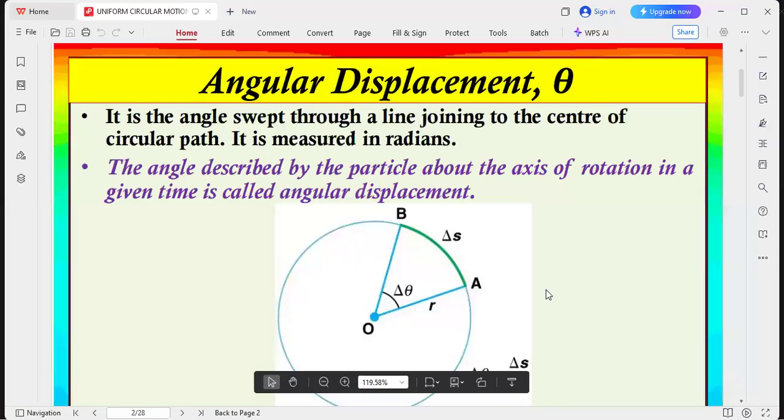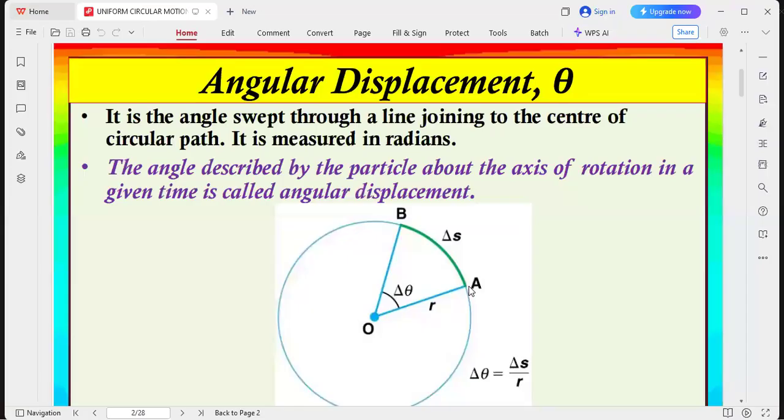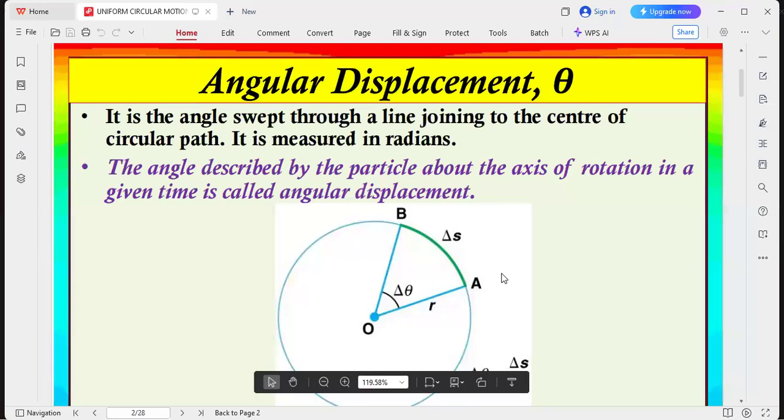That's why in maths we normally say that 360 degrees is equivalent to 2 pi. It's because when our body describes the motion from A back to A, it will have covered displacement 2 pi r divided by radius, which is r, we get 2 pi.